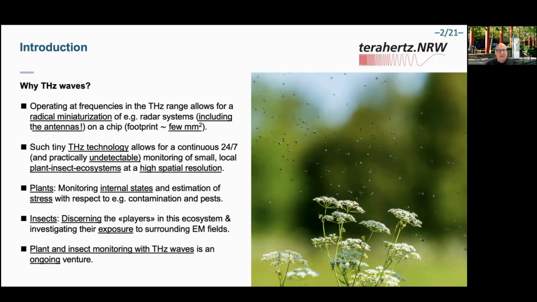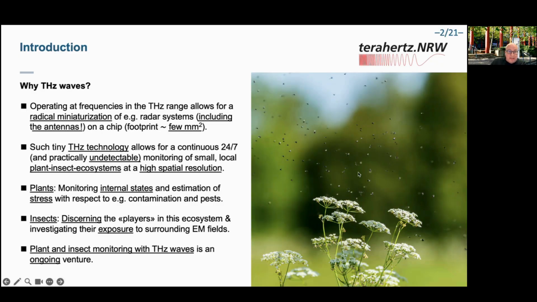That means that such tiny terahertz technologies allow for a continuous, let's say 24/7, monitoring of small local plant-insect ecosystems at high spatial resolution, and also without being detected by all the actors in such an ecosystem, namely, as shown here, the insects that are hovering, for example, above a blossom of a plant.